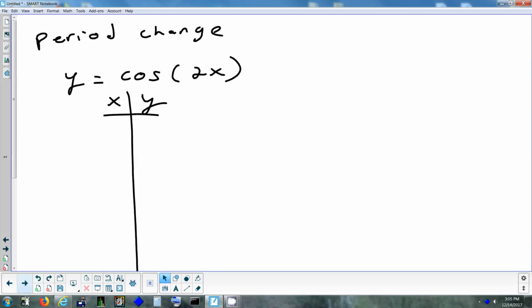What are my y values for cosine? 1, 0, -1, 0, 1. And now, these are my original x's: 0, pi over 2, pi, 3 pi over 2, 2 pi.